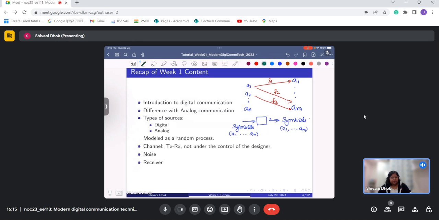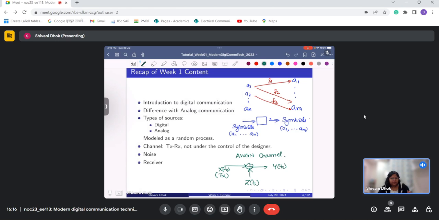Another example, the most conventionally used one, is the AWGN channel. This XT is transmitted by the transmitter, then some noise ZT gets added, and this is YT.